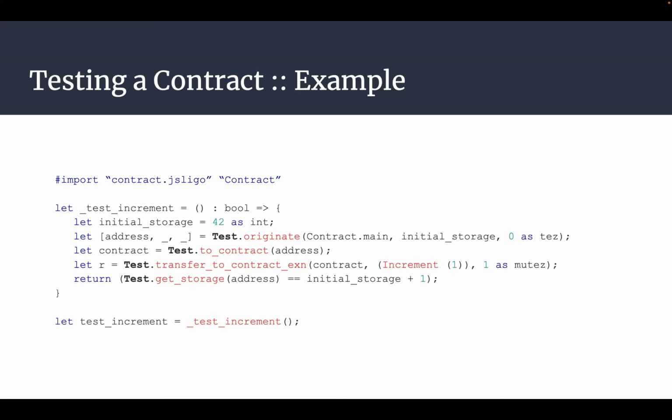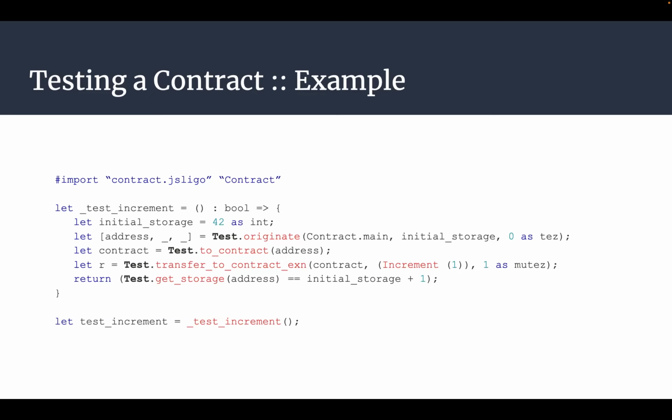So as you can see, in 5 lines of code, you create the initial storage, you originate your contract, you retrieve the contract, you execute, and you do a transfer. So you execute a parameter, so a contract, do a transaction, and you test, and you are able to check the state of the storage. And this is done thanks to a kind of emulation of the VM and the interpreter of the Michelson machine.